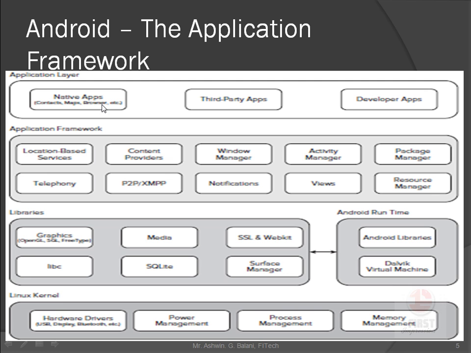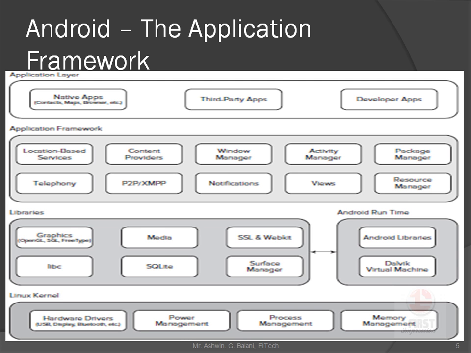The application layer contains three parts. The first part is the native applications. These applications are by default built on the device, like the contact book, the messaging application, the dialing application. All these applications are native to the device, so they are called native applications. The second type is called third-party applications, meaning the applications which you will be building and putting on the market.